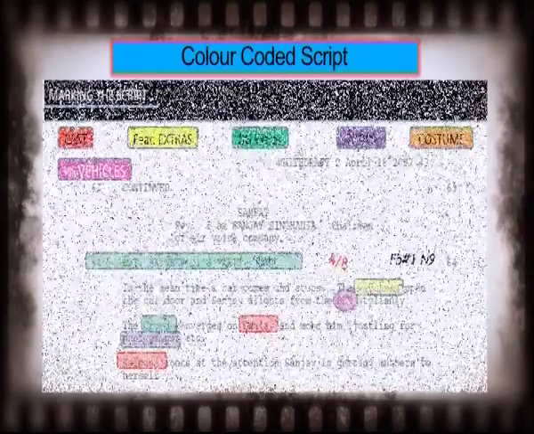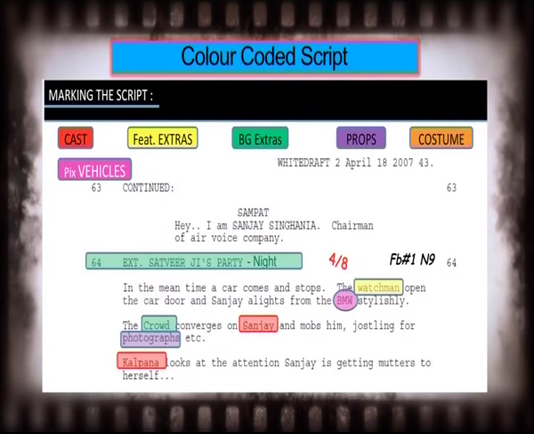Can you give us an example of a script which has been color coded like this? Yeah, I'll show you a color coded script by which you will be able to understand all the elements and the coding I was talking about. In this page you can make out that all the elements are color coded.